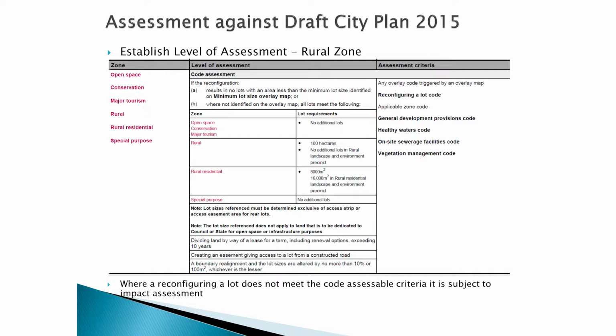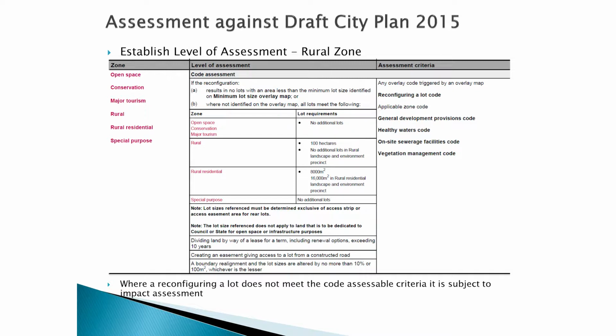And that talks about 100 hectares. So this site is around 6.8 hectares, Brock? Yeah, 6 or 7 hectares, and they're trying to get 8 lots. But what this is saying in the 2015 scheme, in the rural zone, is that they need 100 hectares to basically subdivide. So they're nowhere near that.